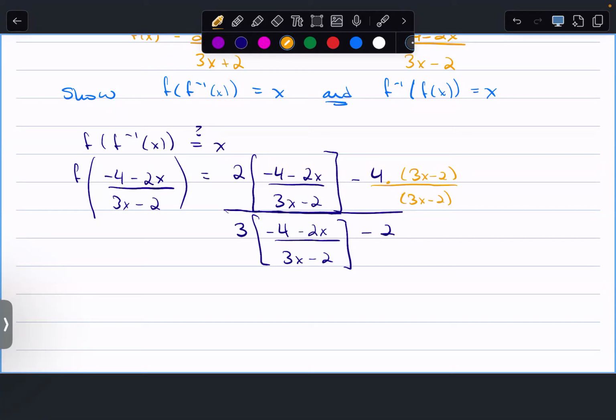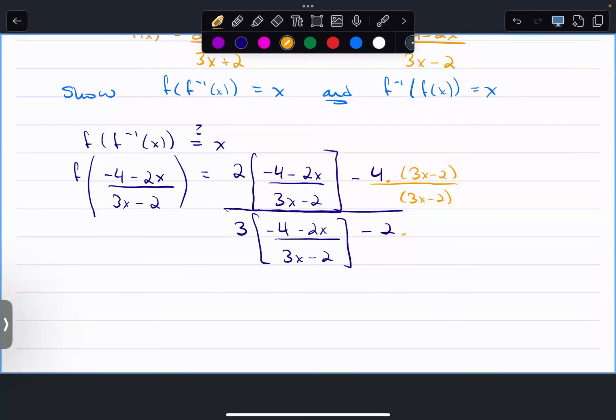We've done that before. And so it forces that common denominator. And then we do the same thing down here, because I can't just bring in the minus 2. It's not going to work. I need to get this common denominator. So do the same thing times 3x minus 2 over 3x minus 2.